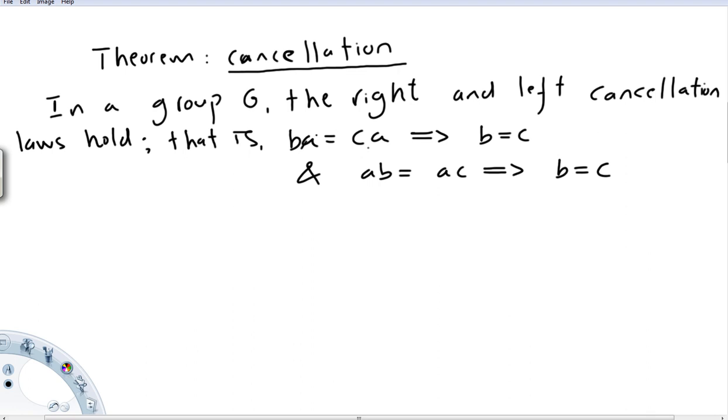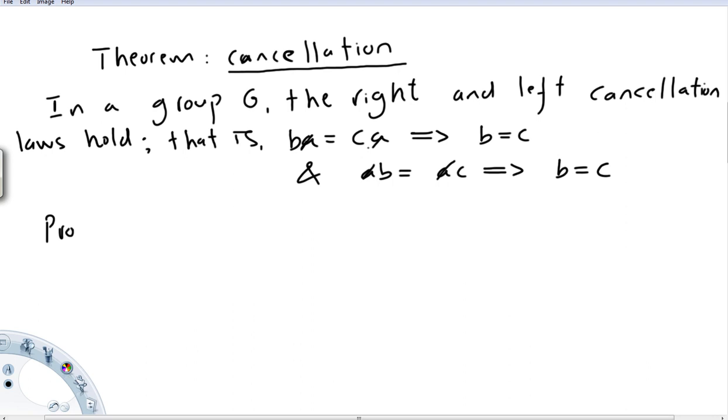If BA equals CA, that implies that B equals C. If AB equals AC, it's the left cancellation. That one was the right cancellation, this one was the left cancellation. AB equals AC implies that B equals C.